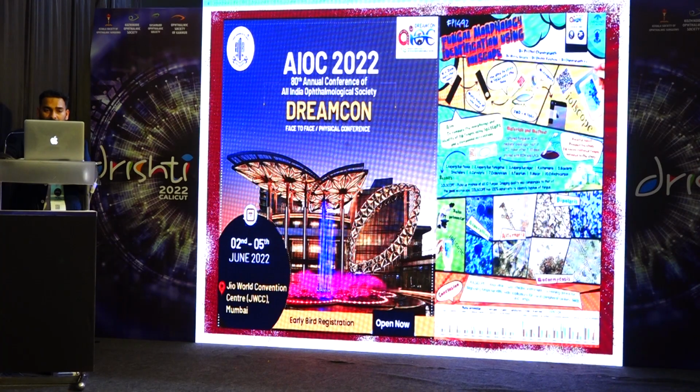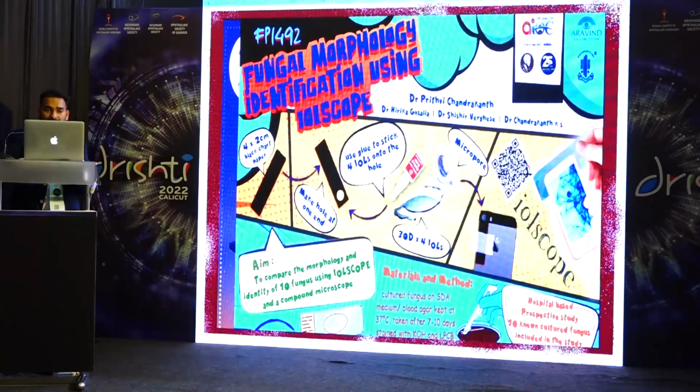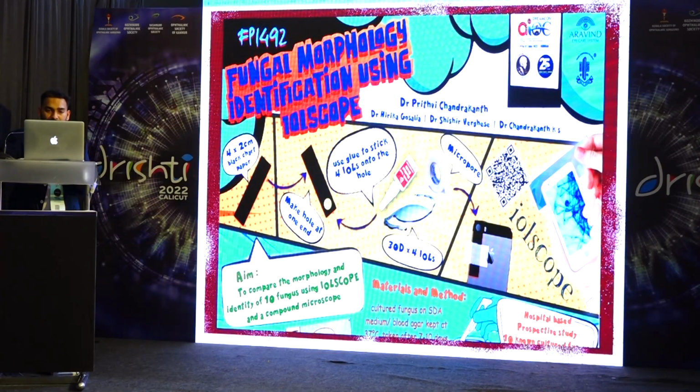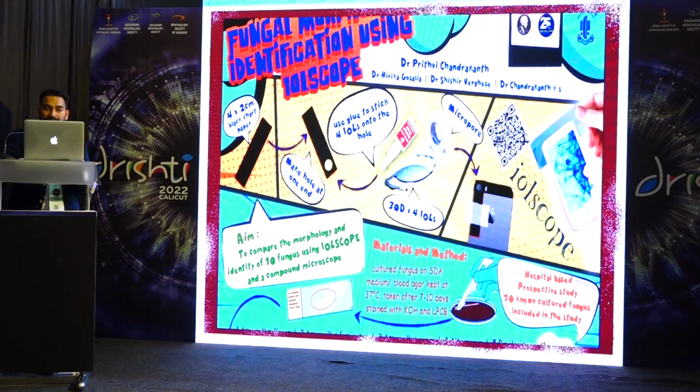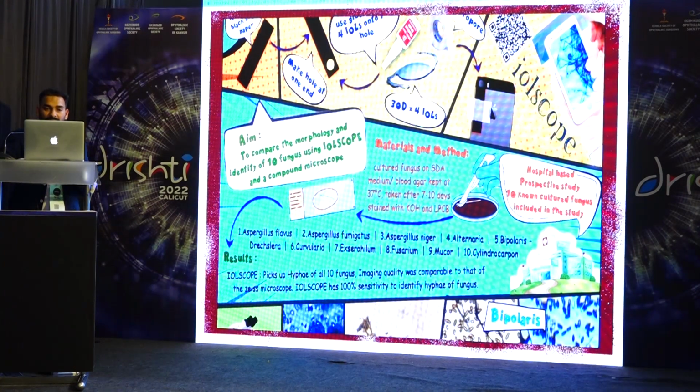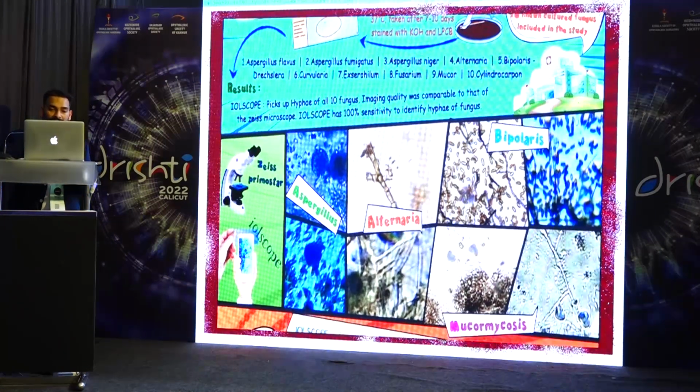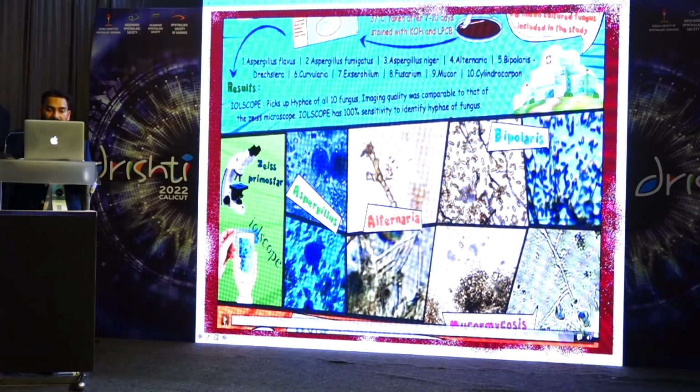Recently at the All India DOS Con in Mumbai, we presented a physical poster which won an award. This is the FIRST Fungal Hyphae Detection Study, where 10 such fungi were diagnosed for their morphology and the clarity of hyphae. As you can see over here, Aspergillus: this is an actual microscope, and this is the IOL scope.